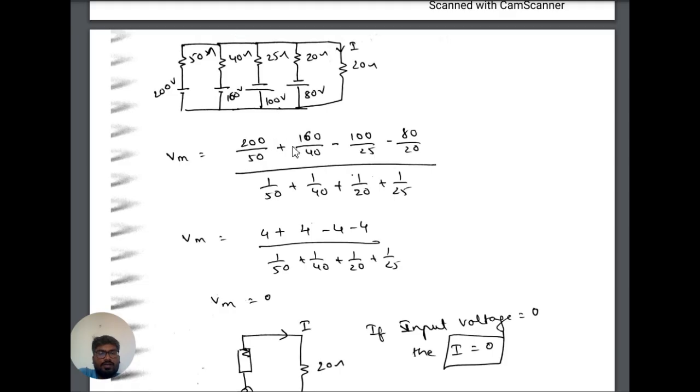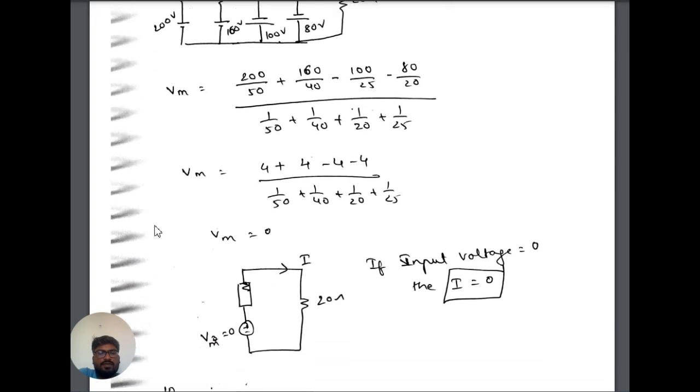For this other branch it is 160 by 40, and as the terminal connections are of opposite polarity, we took a minus. After solving, the Vm we got is 0. So the resultant voltage is 0, and the current flowing through this branch will be 0.